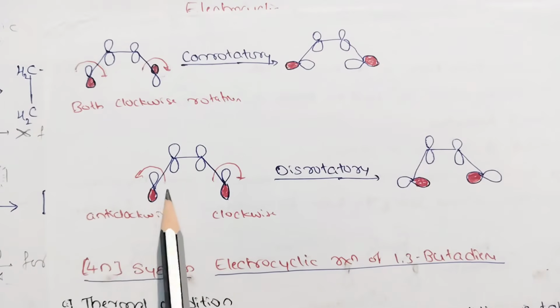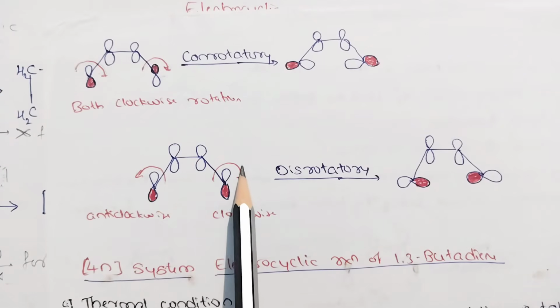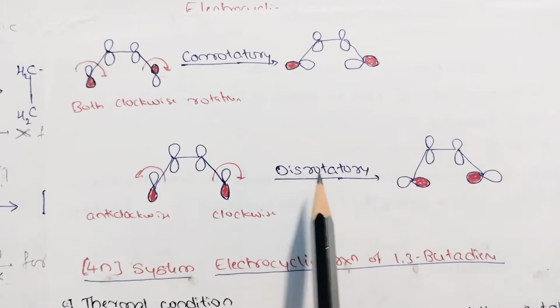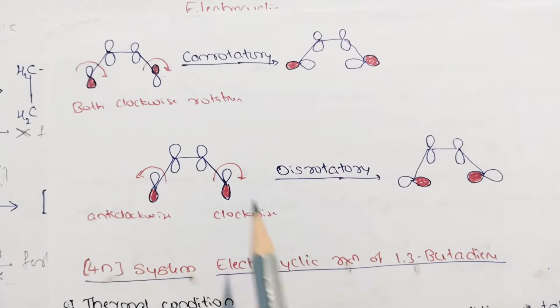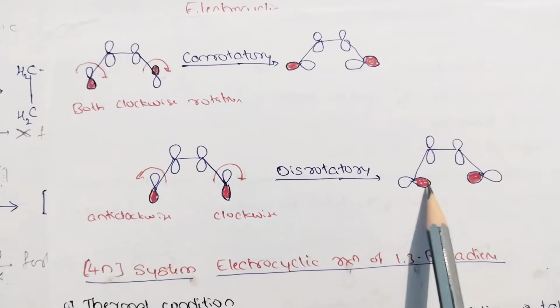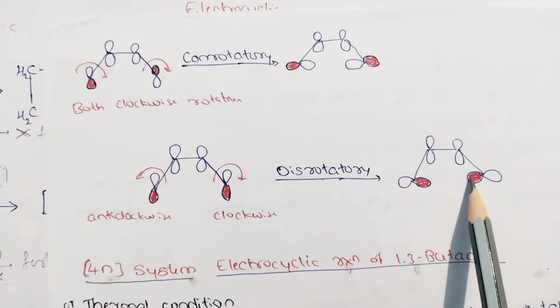And here this p orbital is rotating anti-clockwise, but this p orbital is rotating clockwise; this rotation is called disrotation. After the rotation, if the same type of lobes of these orbitals come on the same side, then the overlap takes place and it gives the product.